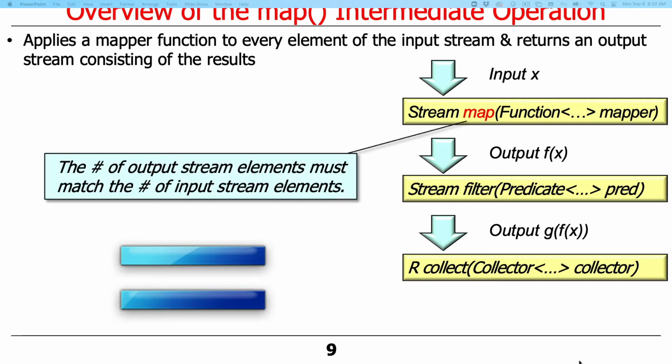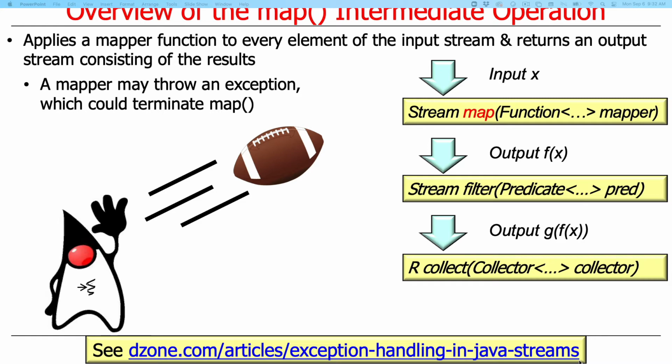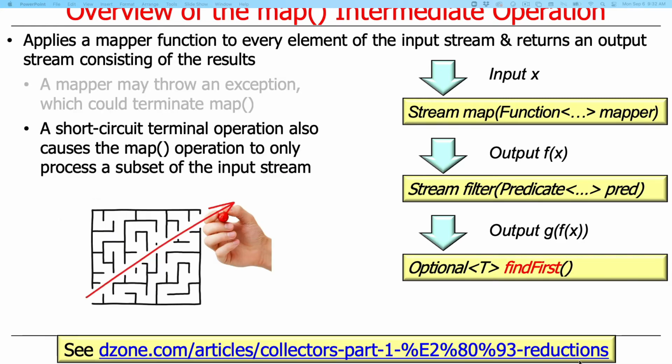And one thing to remember, very, very important, and remember this for your programming assignment: the number of output stream elements produced by map must match the number of input stream elements that come into map. So there's always a one-to-one mapping from input stream elements to output stream elements, unless an exception is thrown, but let's ignore that.